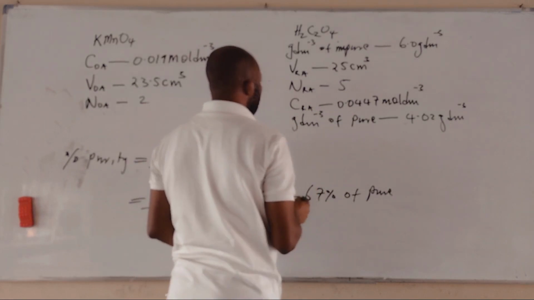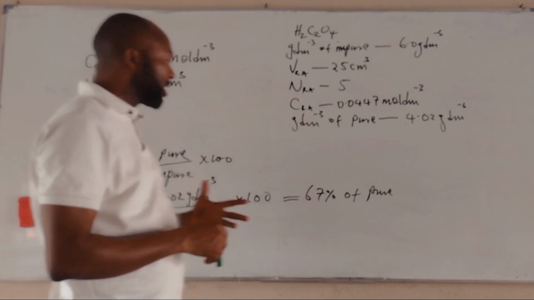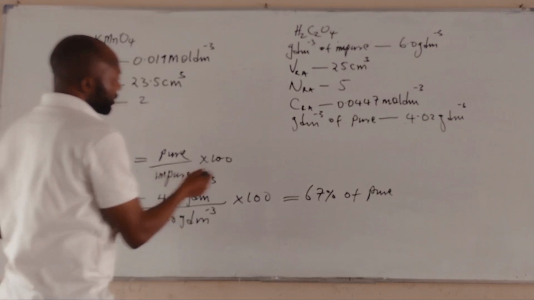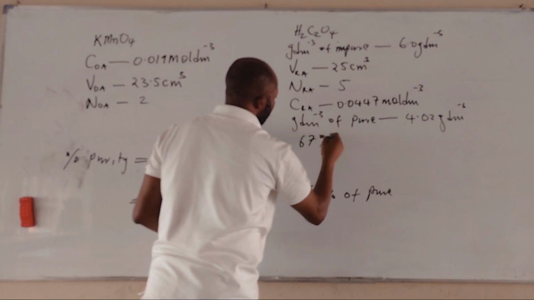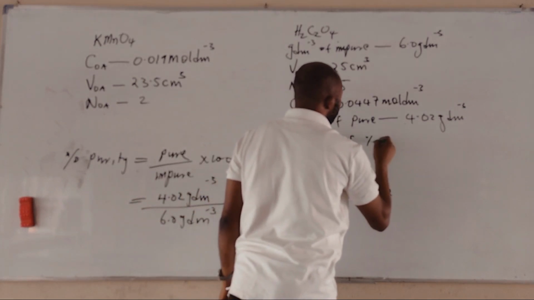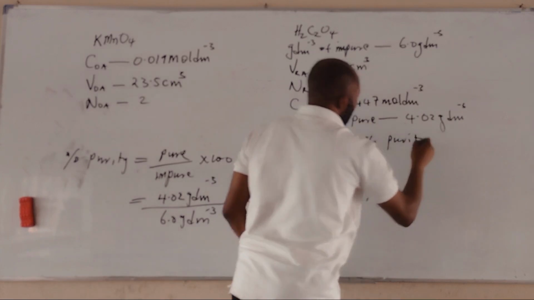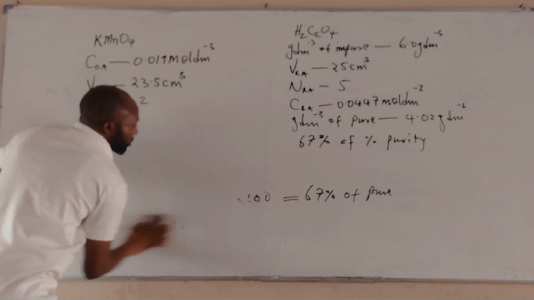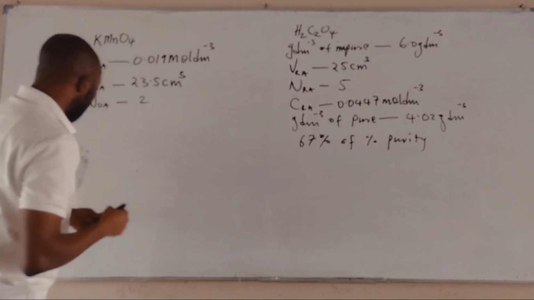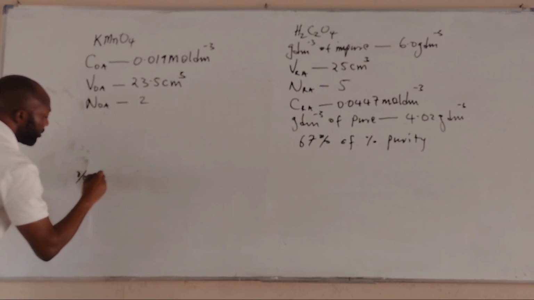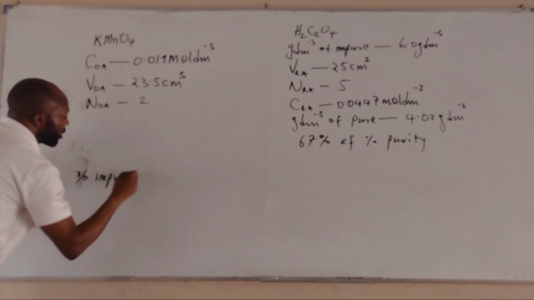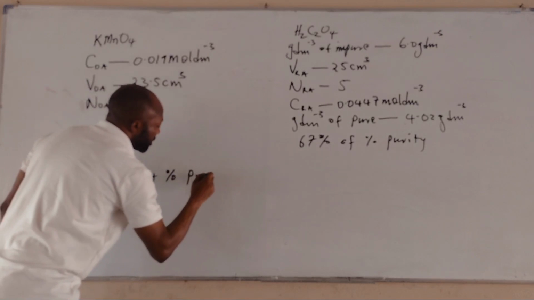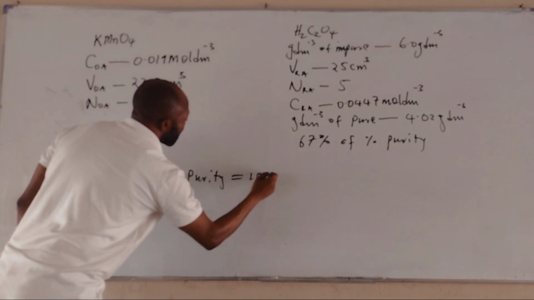Okay, so if that is 67, they are asking us for the percentage impurity. Therefore, our last formula, remember this is 67, let's not forget that: 67% percentage purity. So what is percentage impurity? That's the question. Now, percentage impurity plus percentage purity is equal to 100.